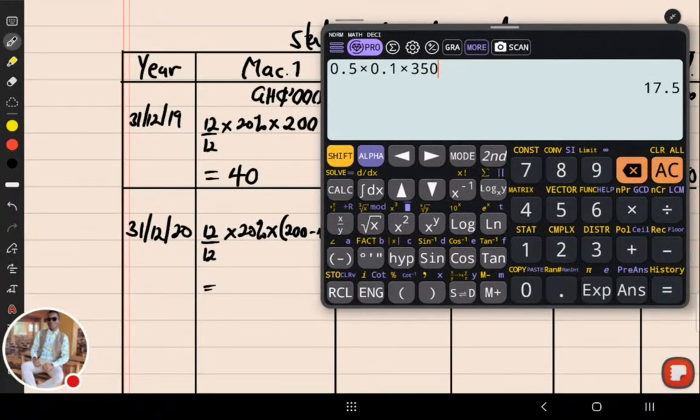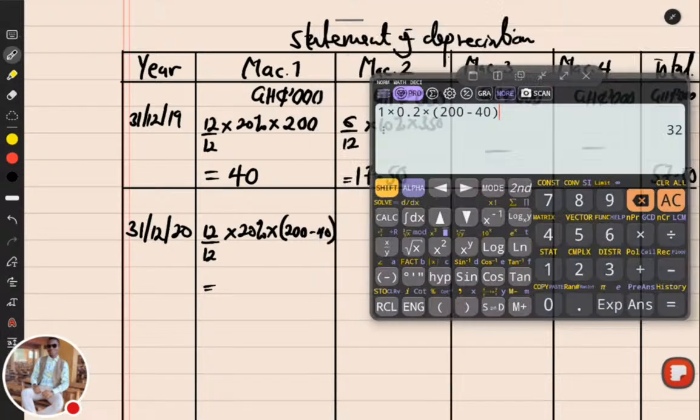So using my calculator here, we'll have the same thing as 1, right? So 1 multiplying 0.2 multiplying 200 minus 40. We are going to get 32, reducing balance. So take note of that, reducing balance.